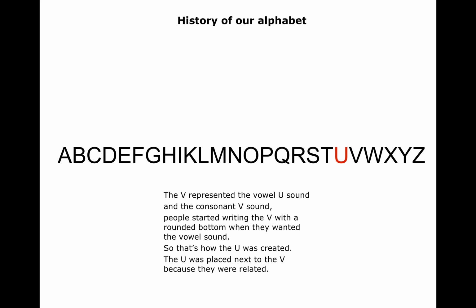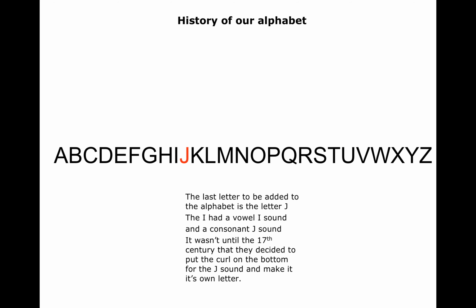So when people wanted the rounded U sound, they just ended up eventually making the V with a rounded bottom. Since those were related, they placed them together in the alphabet. It wasn't until the 19th century when scholars accepted the J and the U as actual letters. But this is how our alphabet evolved over time.